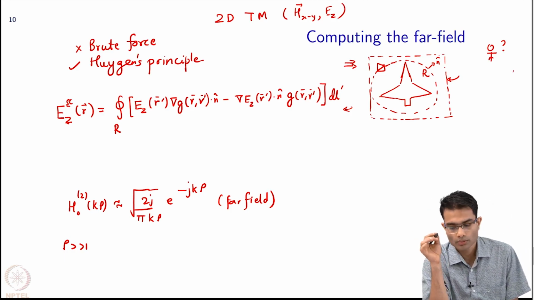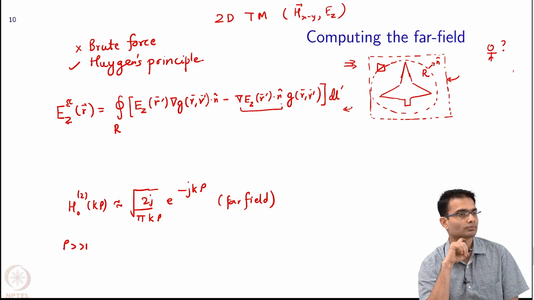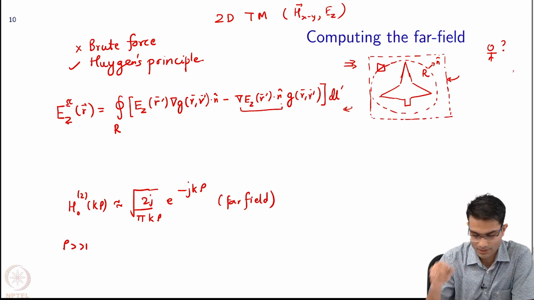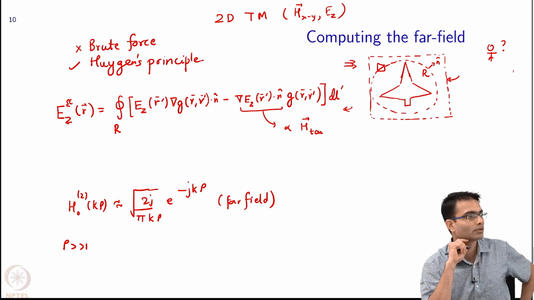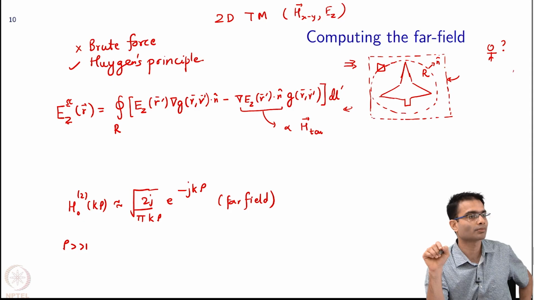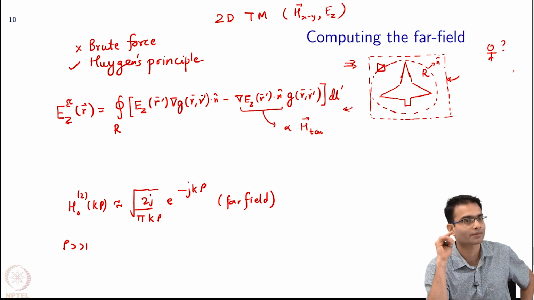Do I know this term? Yes, we had shown that this is proportional to H tangential. Have I calculated H tangential? That was exactly my variable in the problem. They were the tangential edges, right?